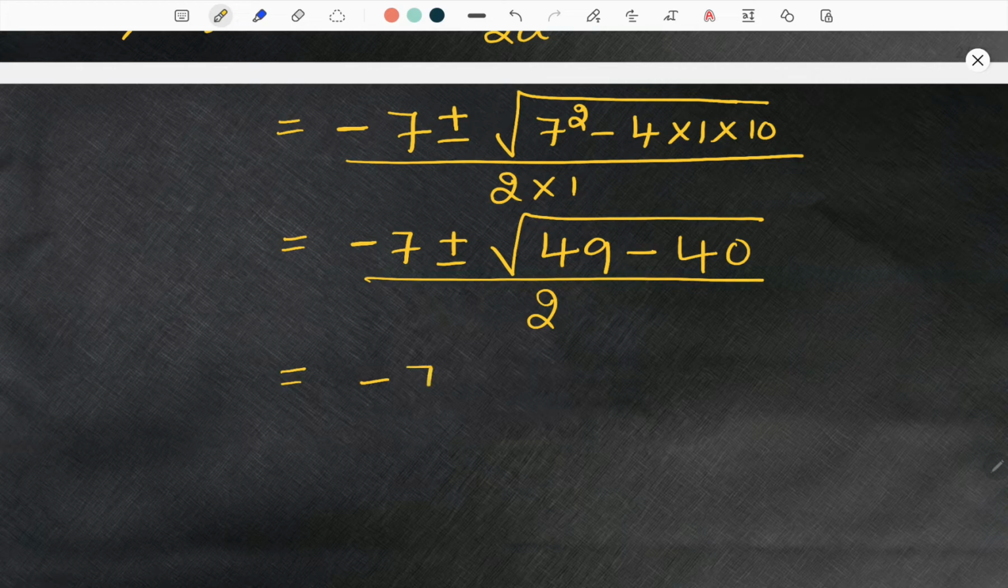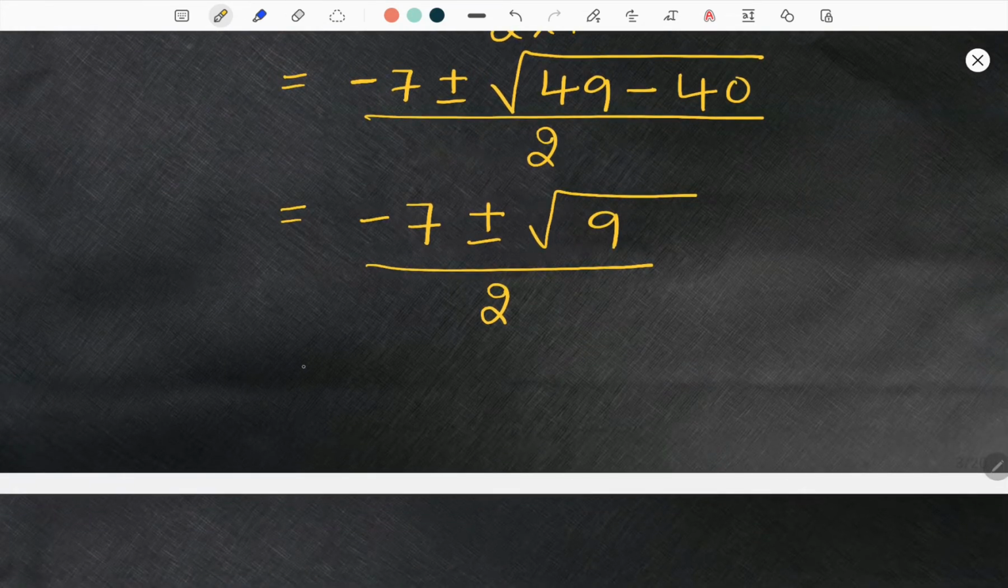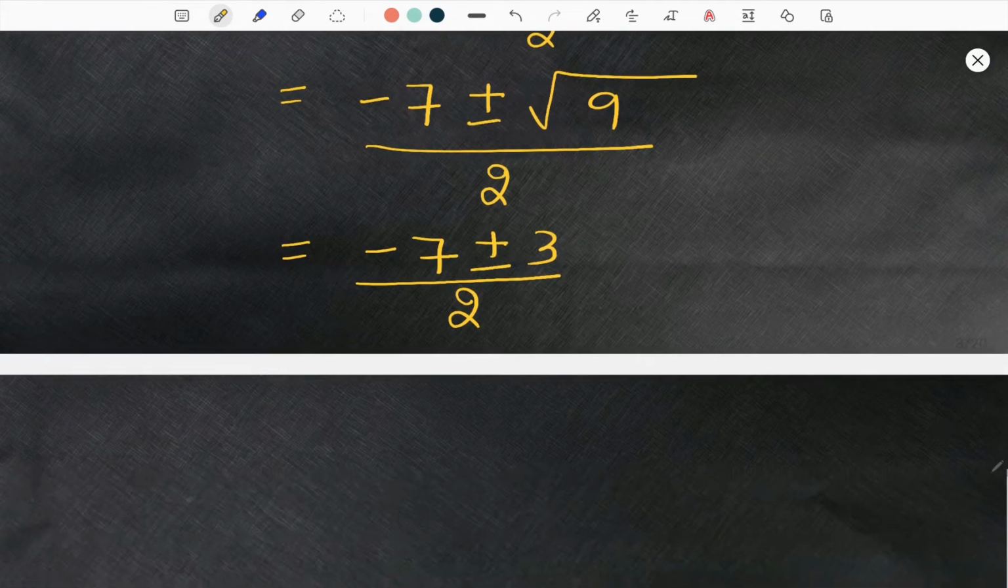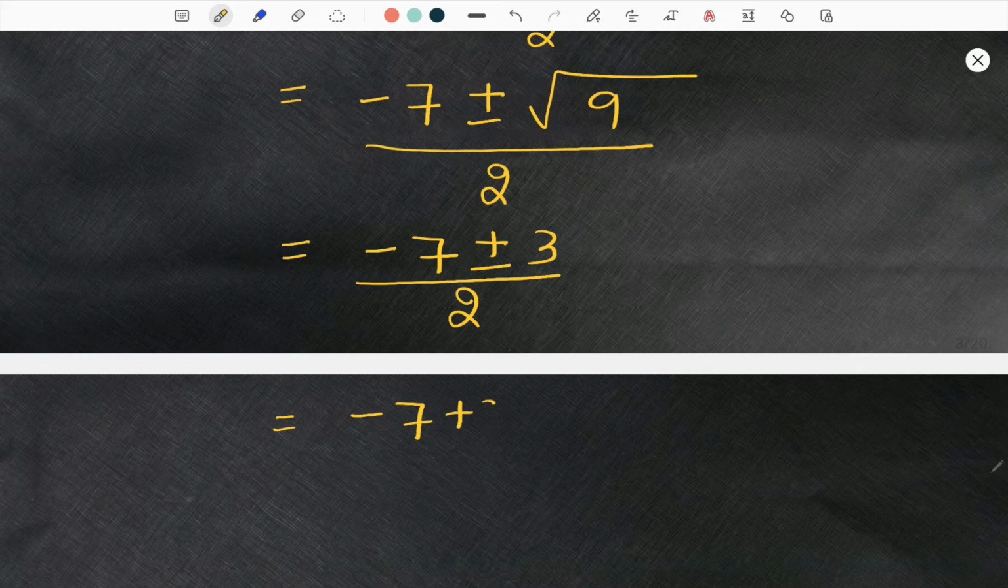So it becomes minus 7 plus or minus under root of 49 minus 40 is 9, then divided by 2. Carrying forward the calculation, it becomes minus 7 plus or minus root 9, which means 3, then divided by 2. Here I am going to split this into two: one is minus 7 plus 3 divided by 2, or minus 7 minus 3 divided by 2.